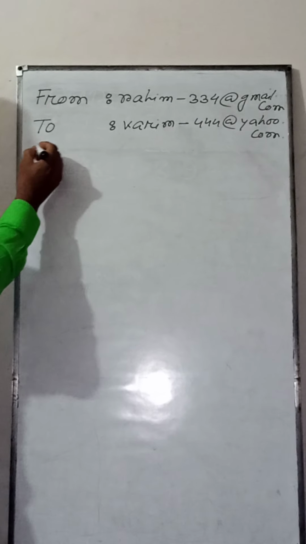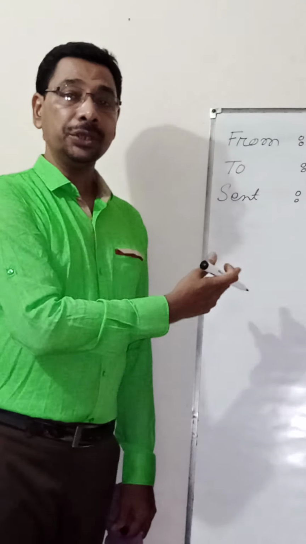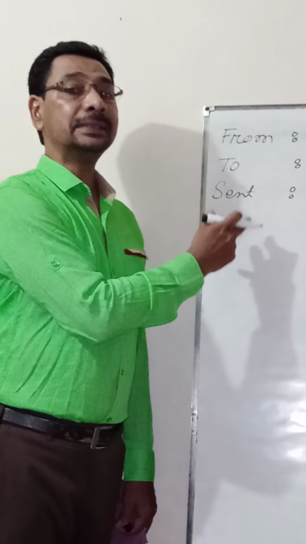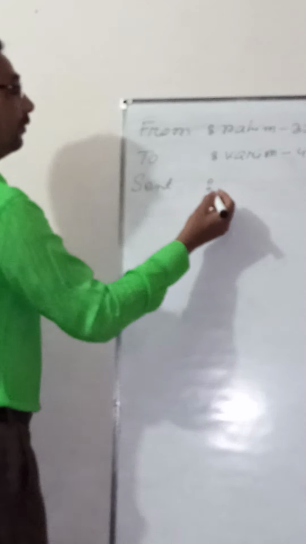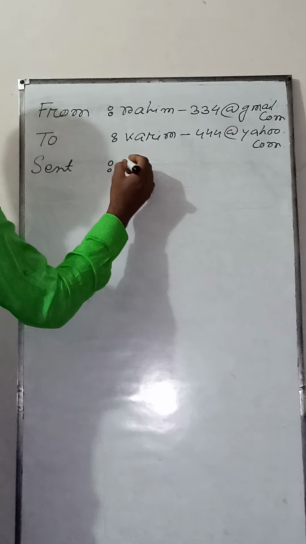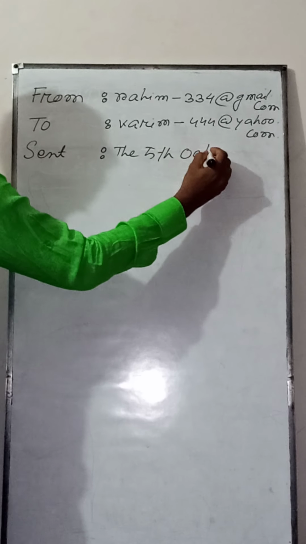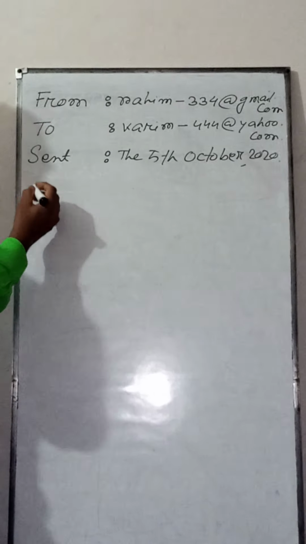Now, Sent. Sent means the date, when you have sent this email. Today is 5th October, the 5th October 2020. Now the subject.